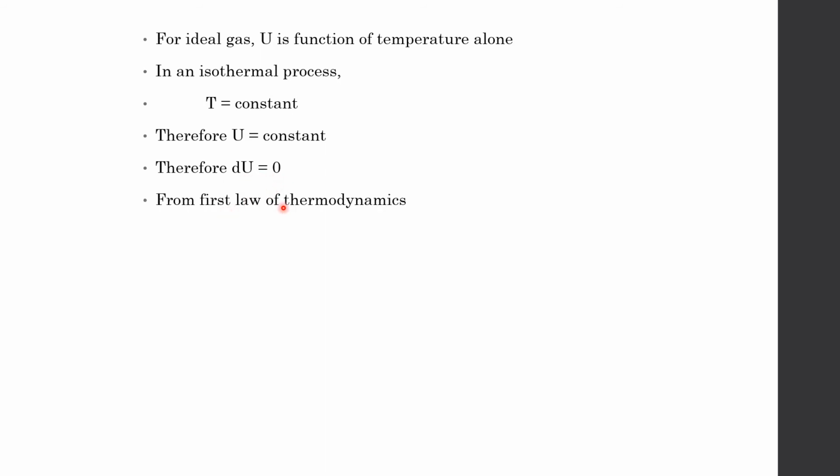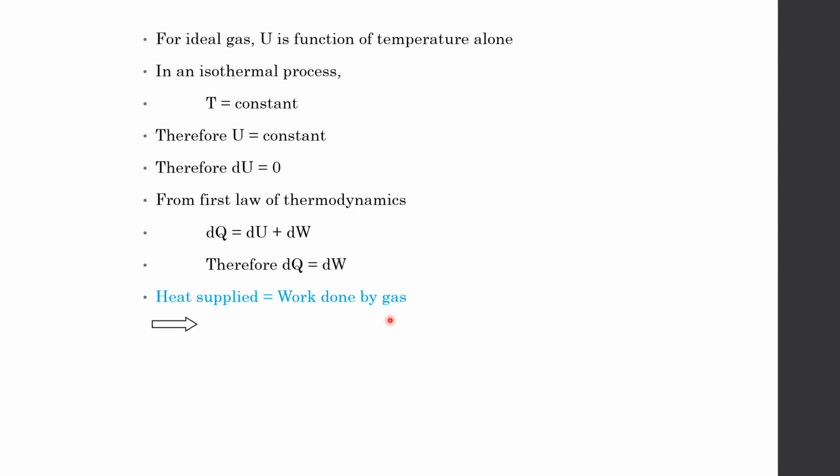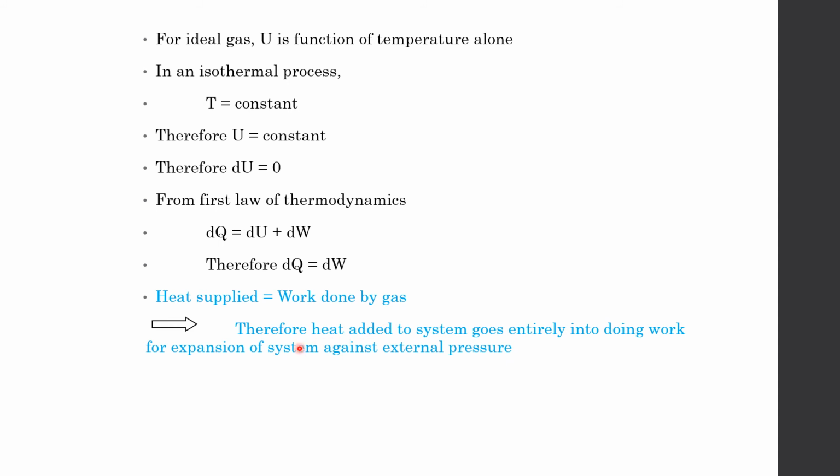From the first law of thermodynamics, that is dQ is equal to dU plus dW. Now dU is 0, therefore dQ is equal to dW. Therefore, the heat supplied is equal to the work done by the gas. Therefore, the heat added to the system goes entirely into doing the work for the expansion of the system against external pressure.